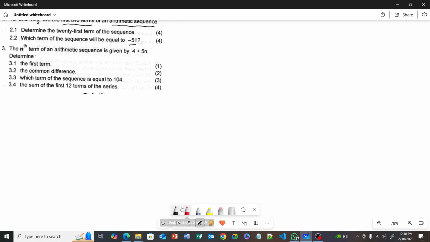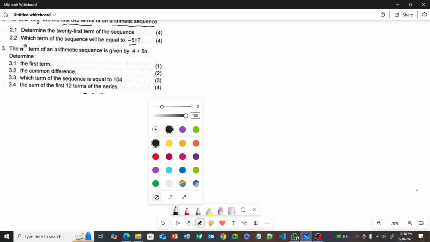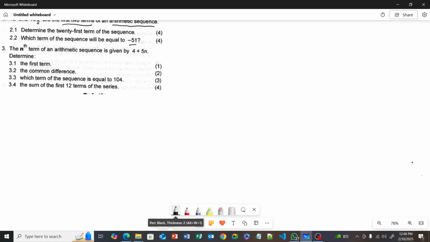Okay. Now on question 3, the nth term of an arithmetic sequence is given by 4 plus 5n. So basically the formula is Tn equals 4 plus 5n. So that is what they gave us.